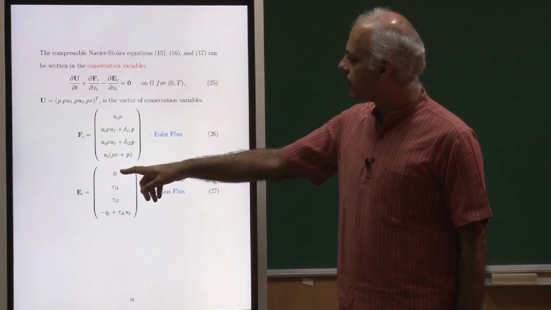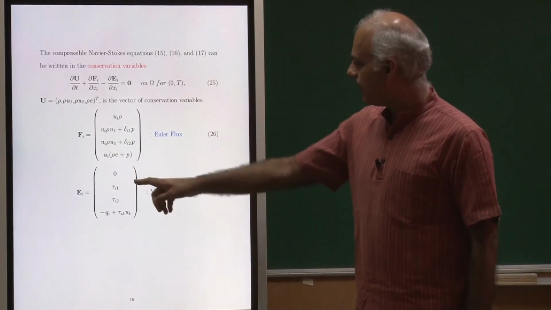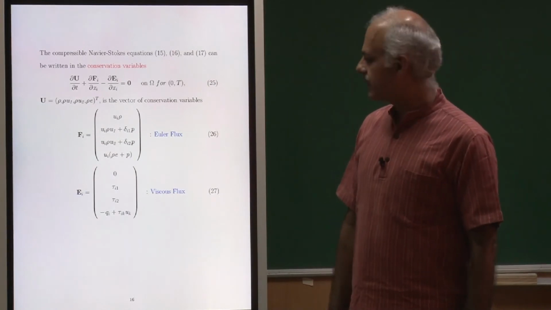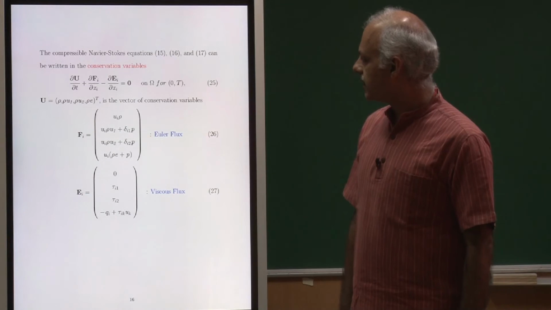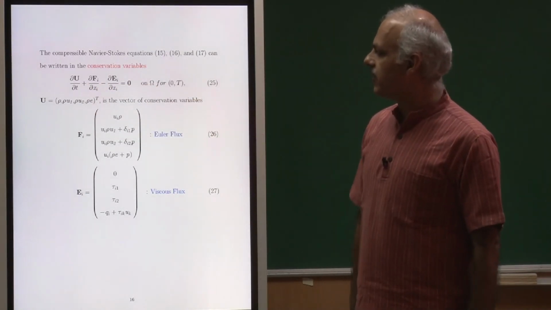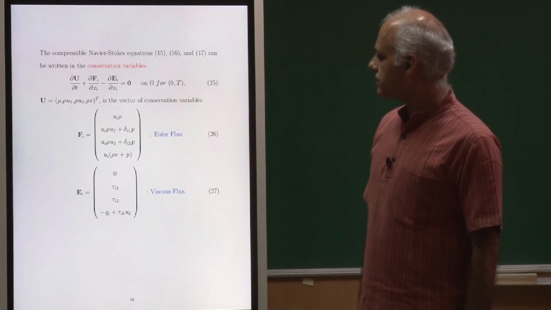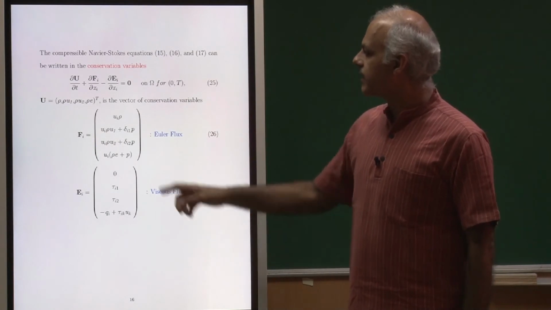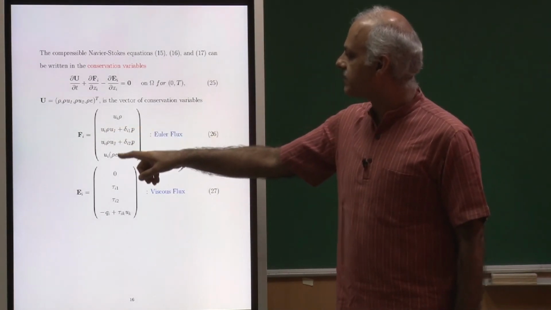There is no contribution to the viscous flux from the mass balance equation, and these are the contributions from the force balance and the energy balance equations. So, I can write down all the equations in a very compact manner. These are of course non-linear equations. As you can see, F has several non-linear terms.